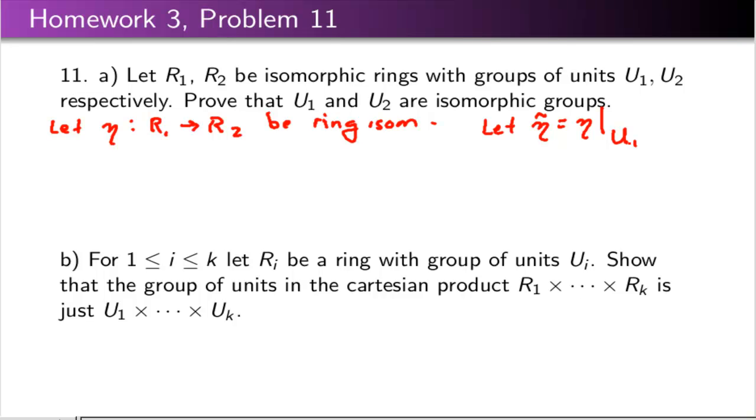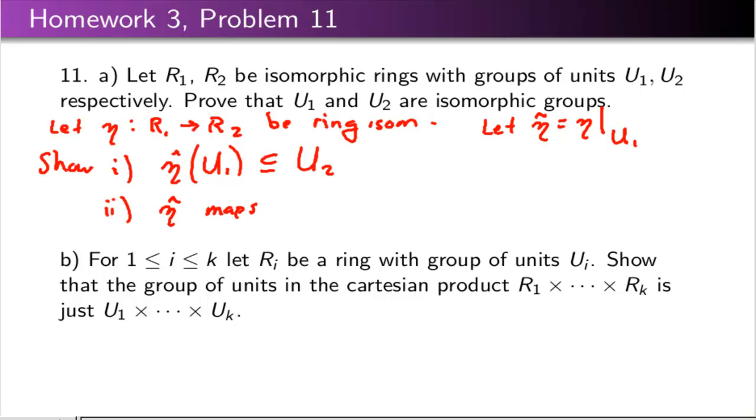So what do we have to prove then? I have to show that the image of U1 is contained in U2. And that's going to follow from the multiplicative property of a homomorphism. The one-to-oneness is trivial, and so the only other thing we need to show is the onto-ness, that it maps onto U2.